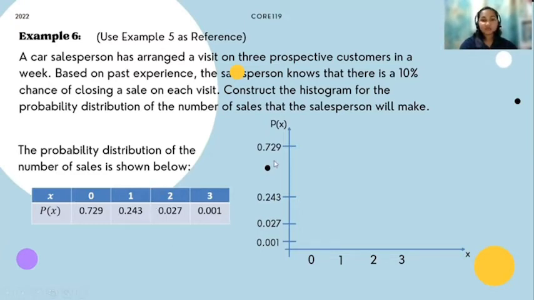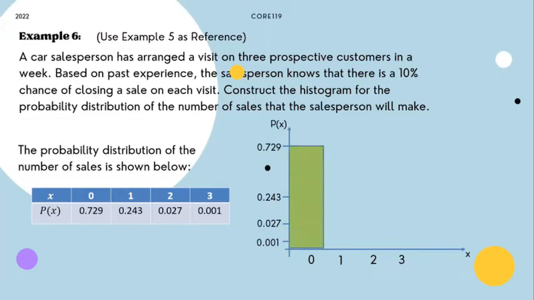In this case, we have the x and y axes, with labels 0, 1, 2, and 3 on the x-axis, and the probabilities on the y-axis. Again, for the histogram, your y-axis refers to the frequency or, if not, the probability of the random variables. The first bar will be at 0, whose height is 0.729, because the probability for the number of sales, which is 0, is 0.729.